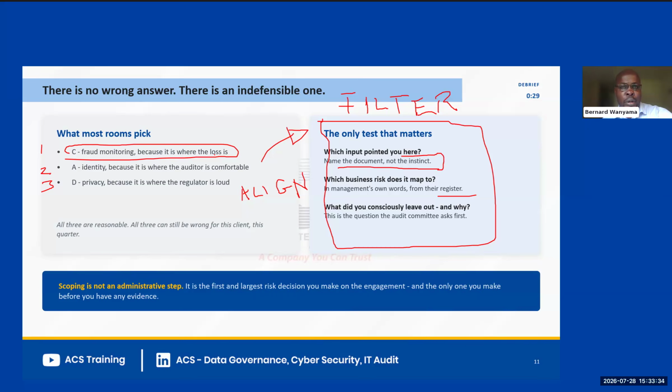So we must be able to convince them as stakeholders that our risk assessment or our risk-based scoping is in line with what the business is going through, what the business is exposed to, and what the business is expected to deal with from maybe a regulatory and compliance perspective.